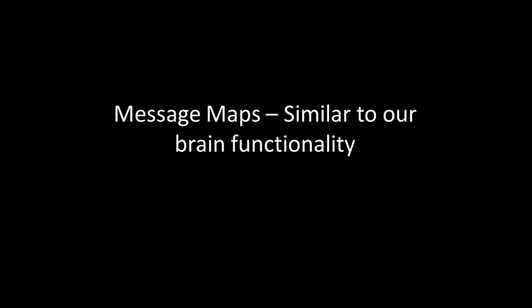When we say sleep, there is a set of actions recorded in our brain. Basically, for an event, a set of actions is mapped, and every time that event occurs, those instructions will be executed. And message maps are no different from this.